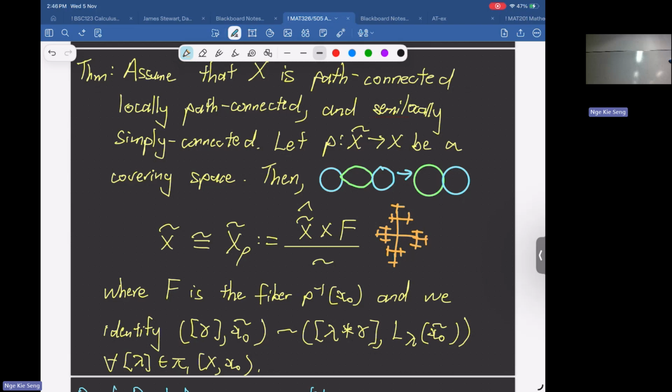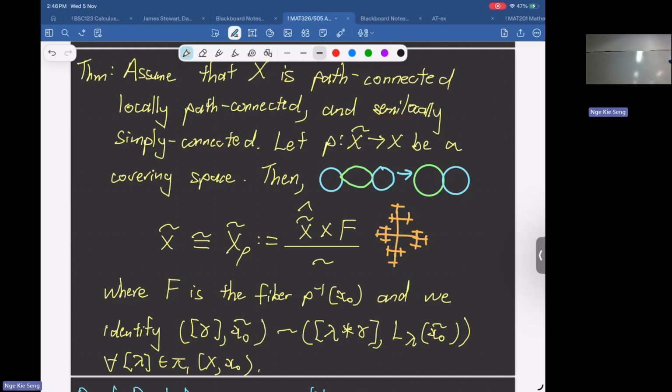So what's the identification you should do? It's actually not obvious from this relation here, but later when you identify something, you recognize that this is what you do. One universal cover consists of homotopy classes of paths, and then the fiber point s naught.